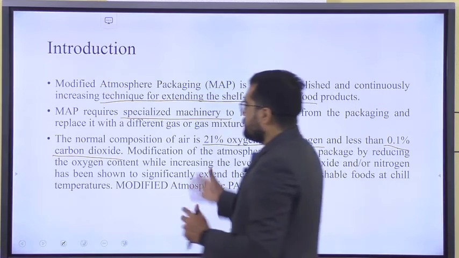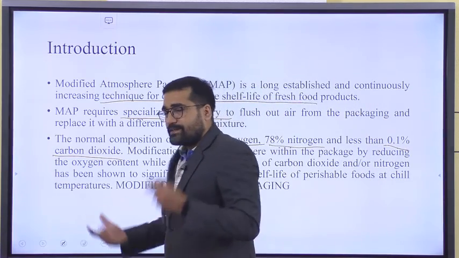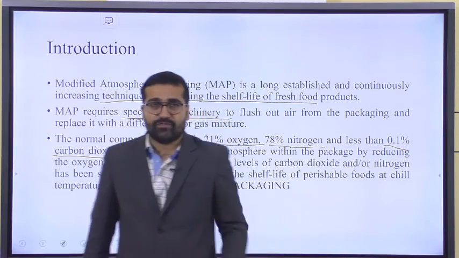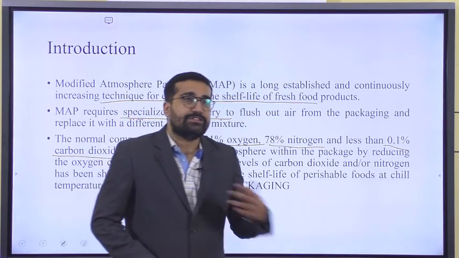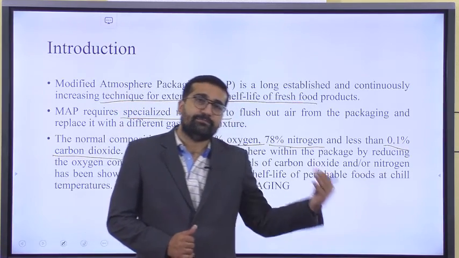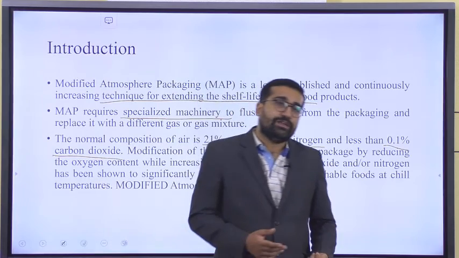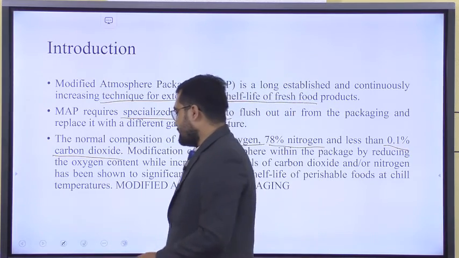This is the composition in the atmosphere, but in MAP we modify the atmosphere so that the shelf life of the product can be increased. How we do that, we will see in the next slides.